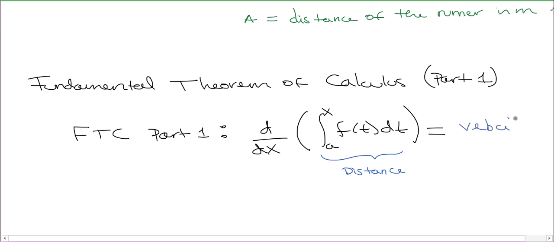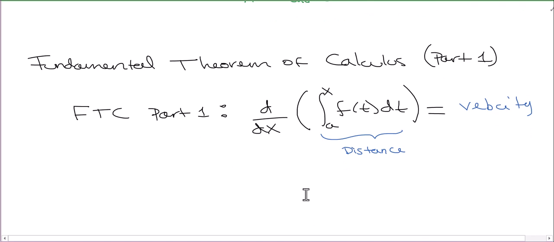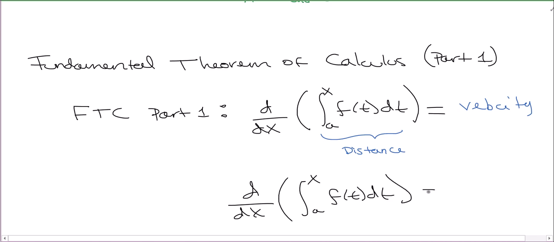I'm going to get velocity, right? So what FTC part 1 tells us is that when I take the derivative of the integral, I get the velocity evaluated at x. So the velocity in terms of x.